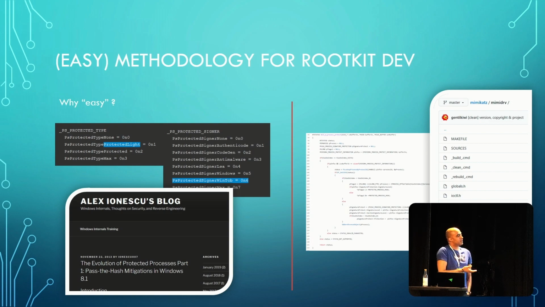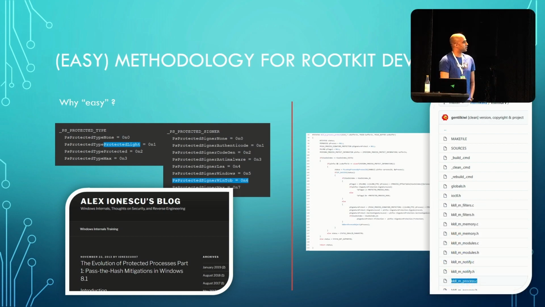You just need to read the blog and understand the features really well and all the structures that it implies, and just realize, I just have to go there and edit that byte and put it to 0. Then the code is already written by Gentil Kiwi, who created and maintains Mimikatz and the associated projects, like in this case, MimiDrv and MimiLib. So this one is kind of easy to implement.